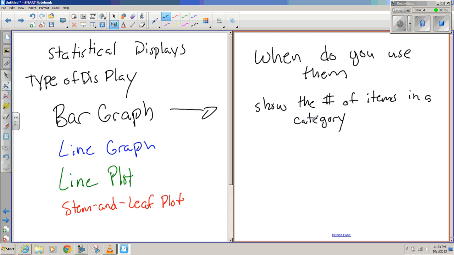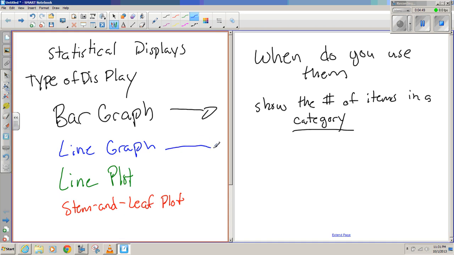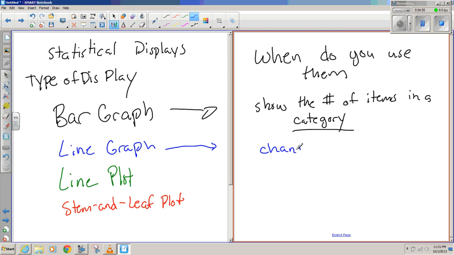So if you have some categories like pets or a subject or months or a certain age, anything that can be fit into a category, you should use a bar graph. Anytime you have a line graph, it should be a change over a period of time. So if you're comparing one year to the other, this is definitely a line graph.